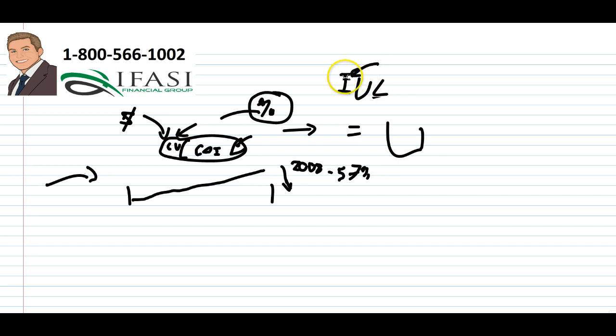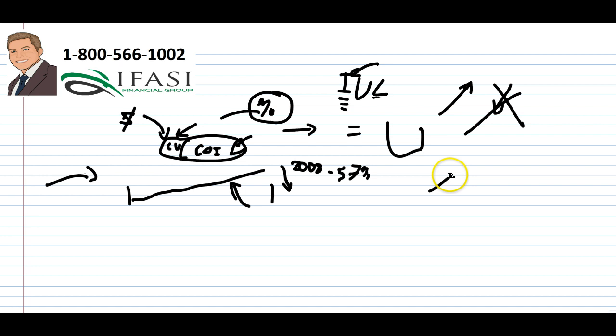So what these index policies do is utilize an indexing strategy where it allows your account to participate in market performance, have an increase whenever the market performance does well, but not have any downward market loss.